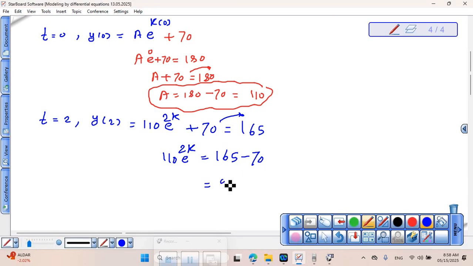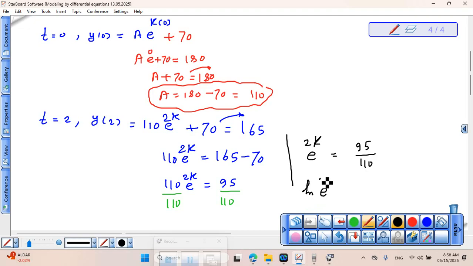So 110 e to the power 2k equals 95. You can use a calculator, shift solve, but I will solve step by step algebraically. Dividing both sides by 110, e to the power 2k equals 95 over 110. Then we take ln of both sides: 2k equals ln of 95 over 110.